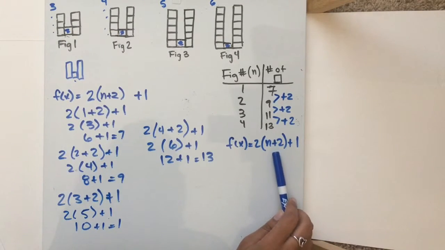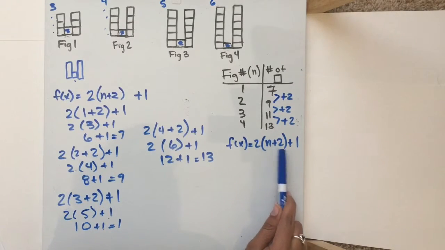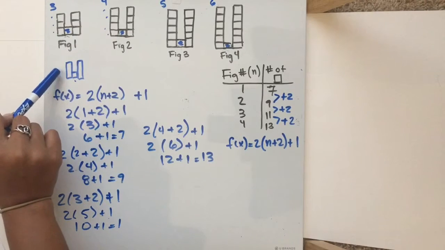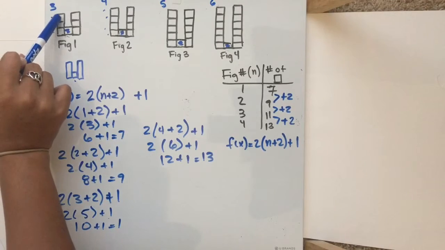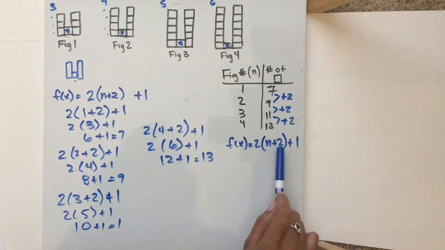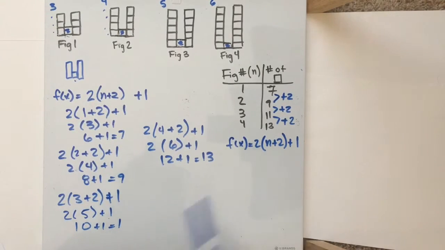The parentheses count as one column. It's n plus 2 because the figure number has a difference of 2 from how many squares were in one column. And since we had 2 columns, we multiplied it by 2. And that is how you explain it geometrically.